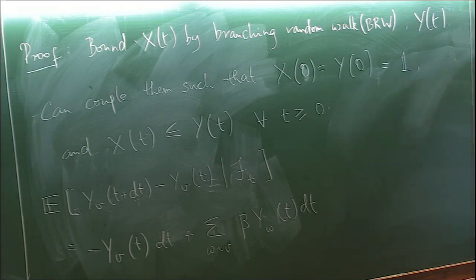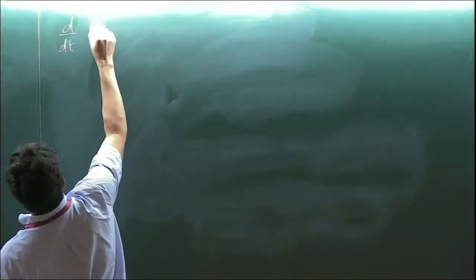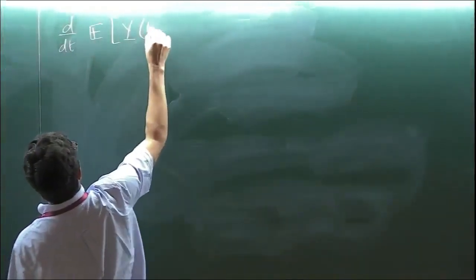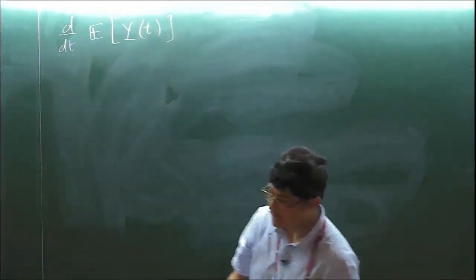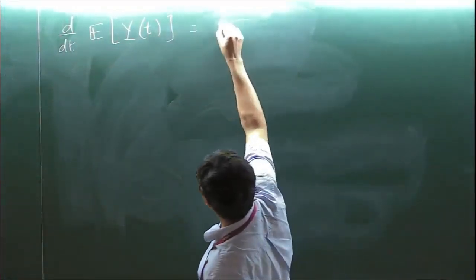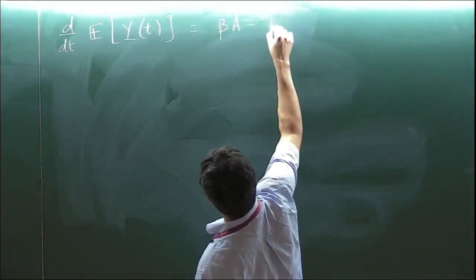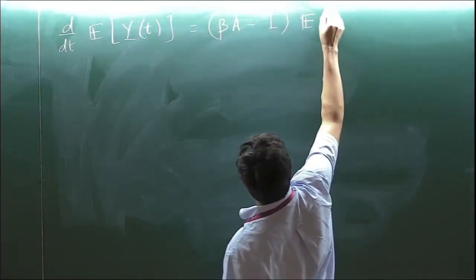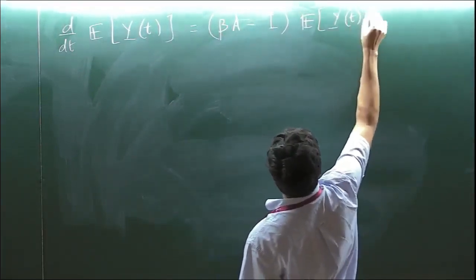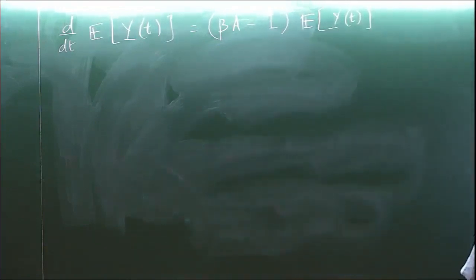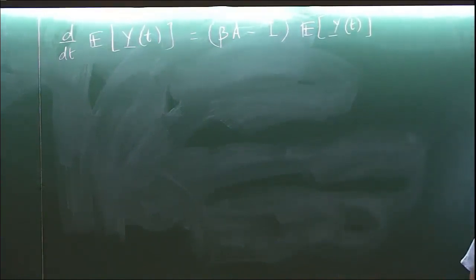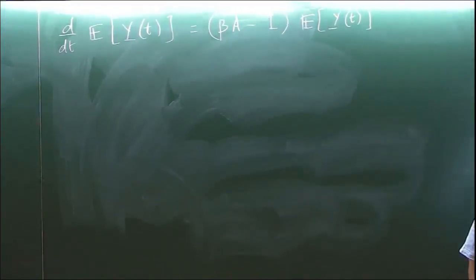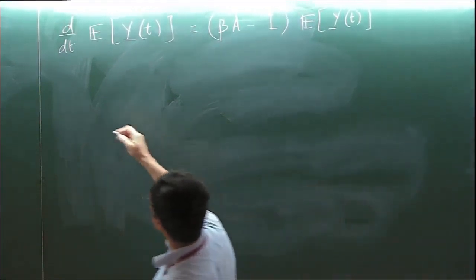Okay, so in vector notation, what we get is that the derivative of the expectation of yt is beta times the adjacency matrix minus the identity times the expectation of yt. Okay, and this is also my favorite type of differential equation. So linear differential equation, which we can solve.